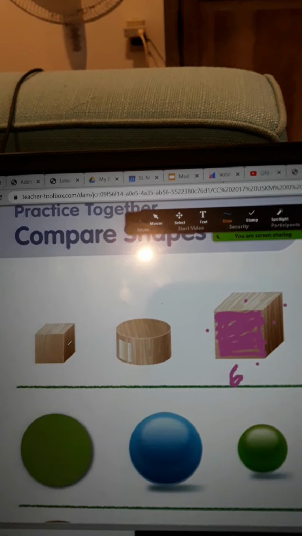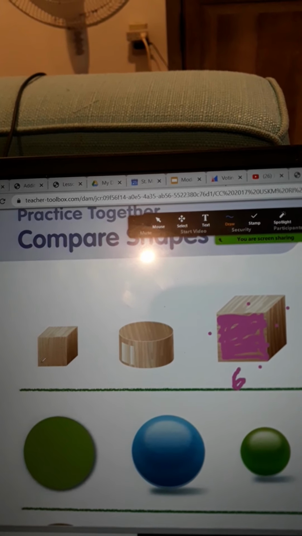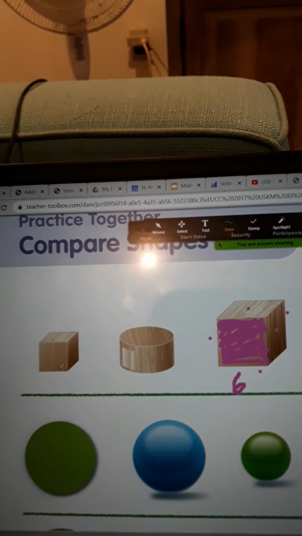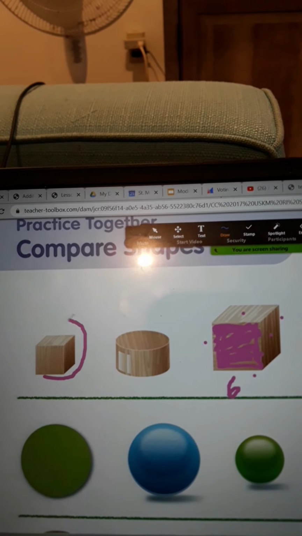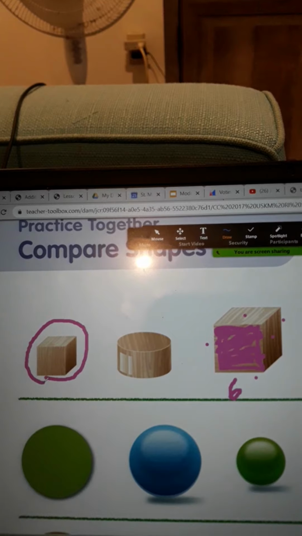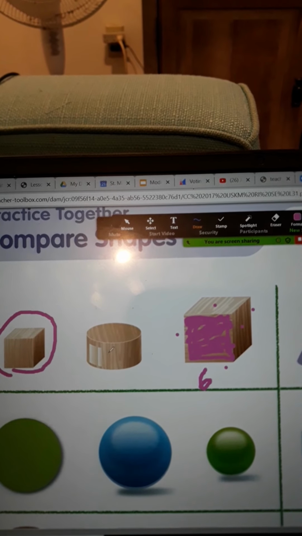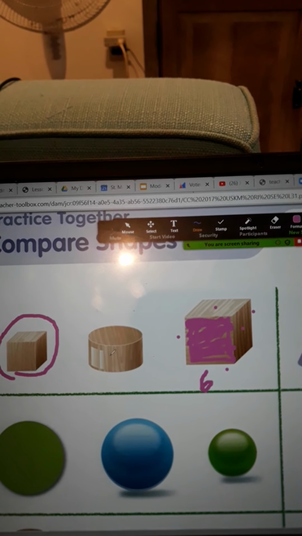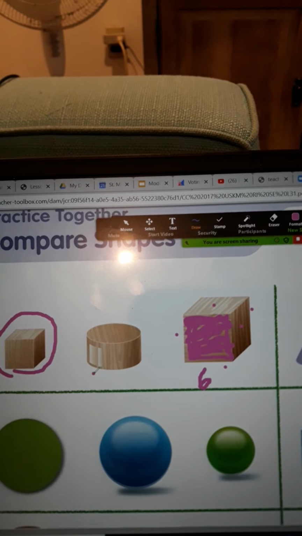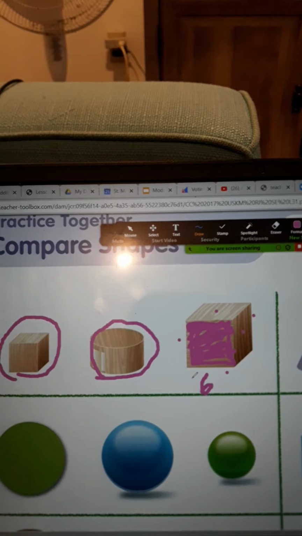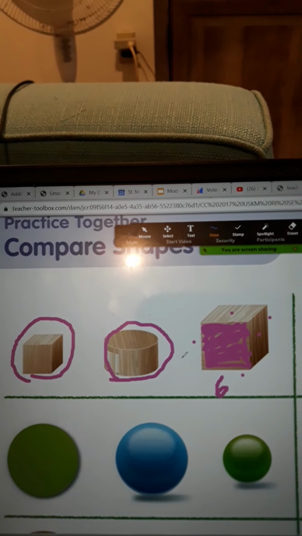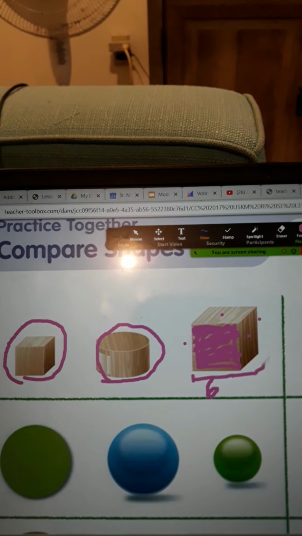So this cube is a solid or a flat? Awesome, it's a solid shape, so we're going to circle it. What about this cylinder? Solid or flat? Awesome, solid, so we're going to circle it. And we have the cube over here. This is a small cube and a bigger cube, but it is a solid as well.